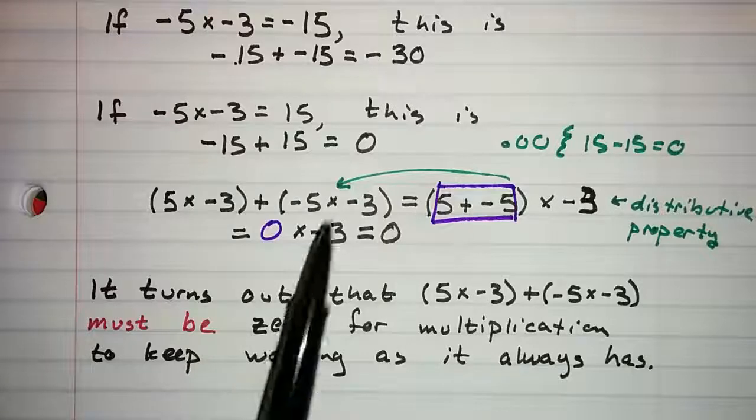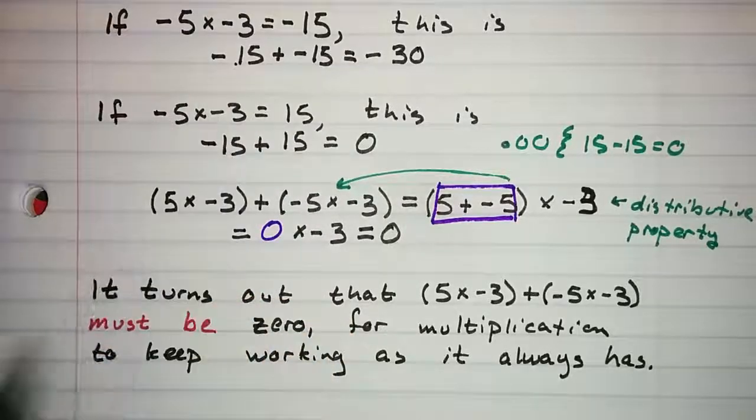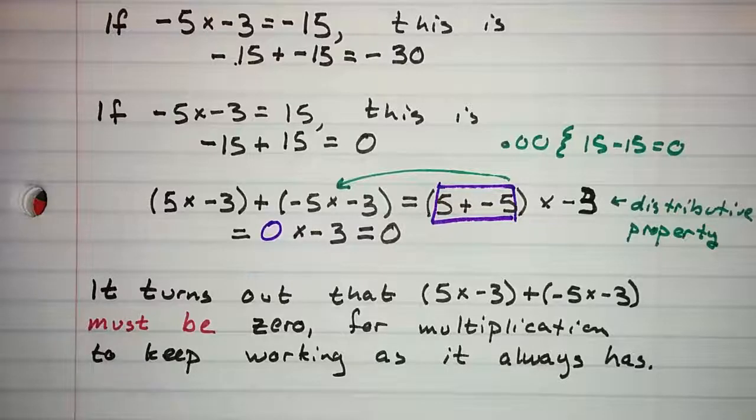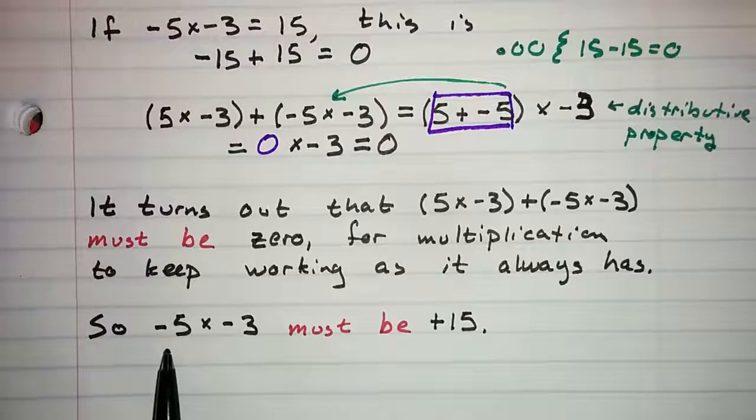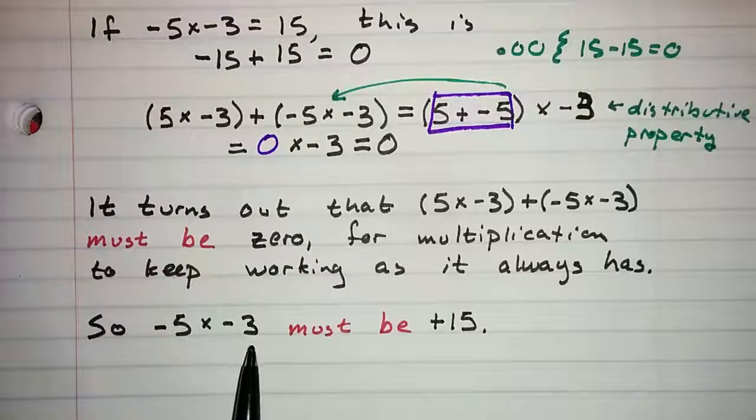Which means we have to have negative 5 times negative 3 be positive 15. Now, 5 and 3 are not magic in this argument, right? We could do this for any negative number times any other negative number, which leads us to a general rule.